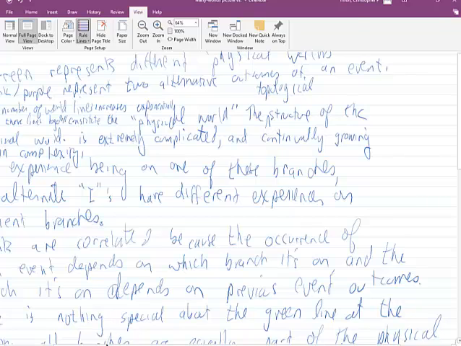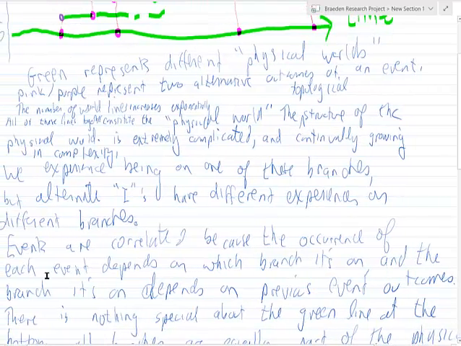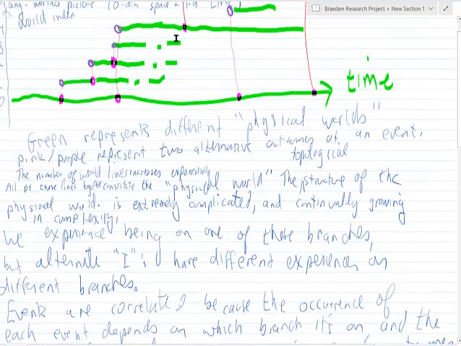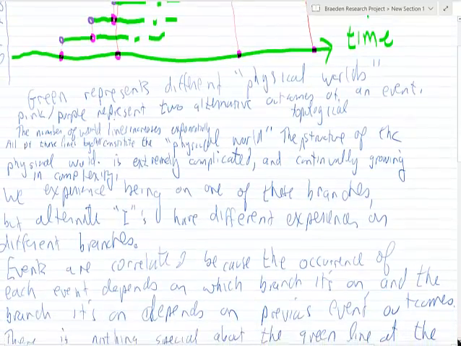Because the occurrence of each event depends on which line it's on, right? So the events on this line occur the way they do because of what happened previously. And the events on this line occur because of what happened previously. This event here does not occur at the same time as the event down here, just because these are different lines, so they're different correlations. So that's why the different events are correlated.